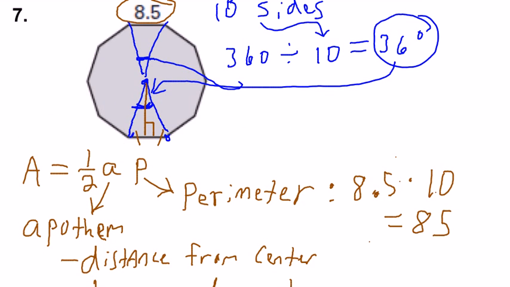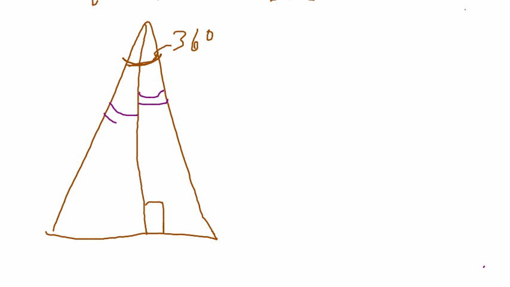So this big triangle that we drew up here, I'm going to recreate it down here. This is that full triangle where this angle right here is 36 degrees. But then we're going to split this down the middle with the apothem. And so that's going to form two angles. This angle and this angle are both the same, and they're both 18 degrees.